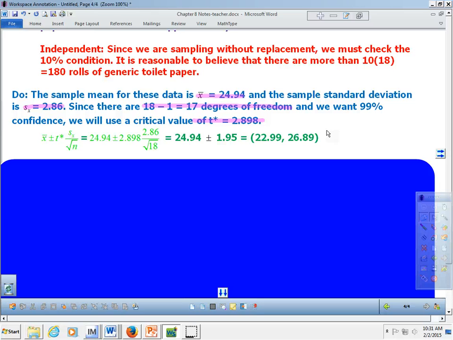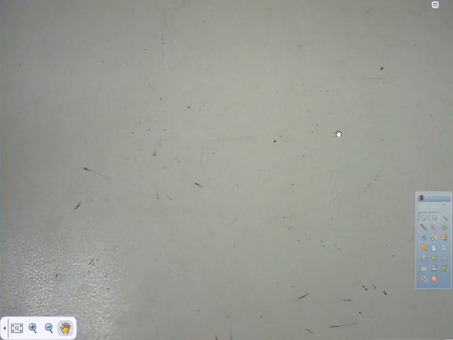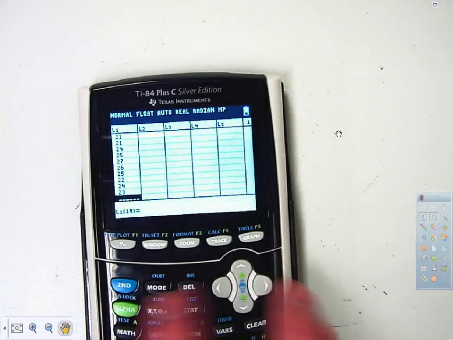Again, it doesn't have to be in sentence structure, but it needs to be written down somewhere. Okay? At which point, once you have the numbers plugged in, you can grab your calculator and do your t-interval from there and just write out the answer. You don't have to do all the calculations by hand, but it needs to be there. Okay? Again, page 514, I think, is where you're going to find everything.